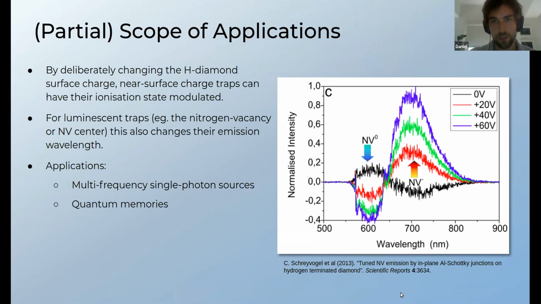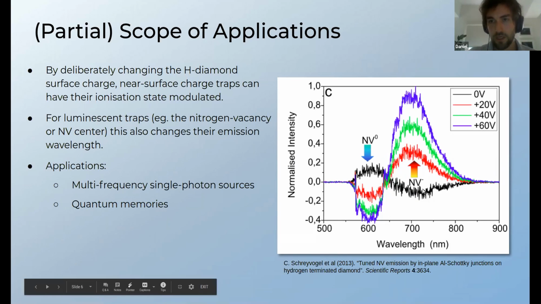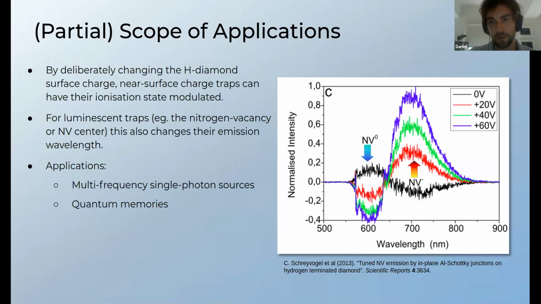And this has been shown in a previous study where the authors were able to apply gate voltages to reversibly and controllably switch a nitrogen vacancy center from its negative to its neutral charge state and vice versa. And this has applications, for instance, in multi-frequency single photon sources.